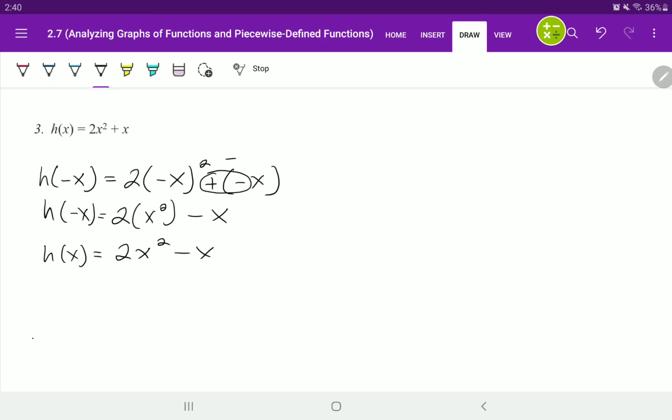If you notice, this function does not equal h of x. Therefore, h is not even. Let's see if it's odd. H of x equals 2x squared plus x. We're going to multiply both sides by negative 1.